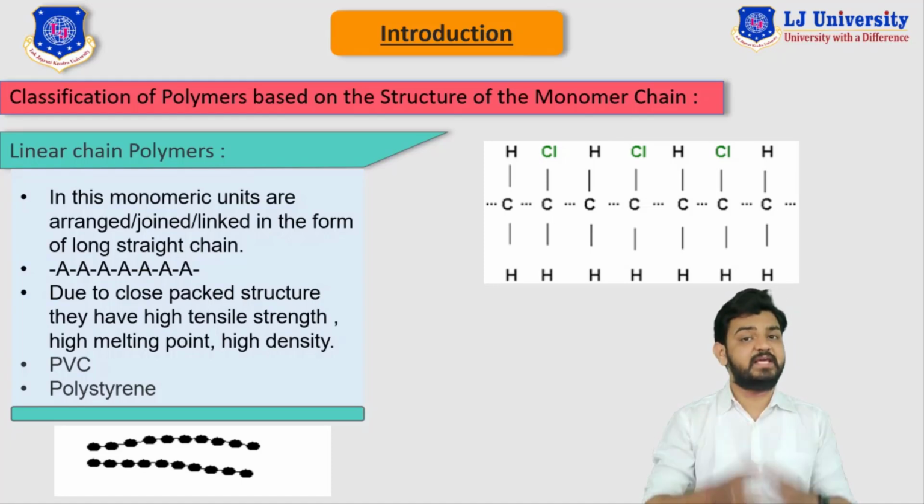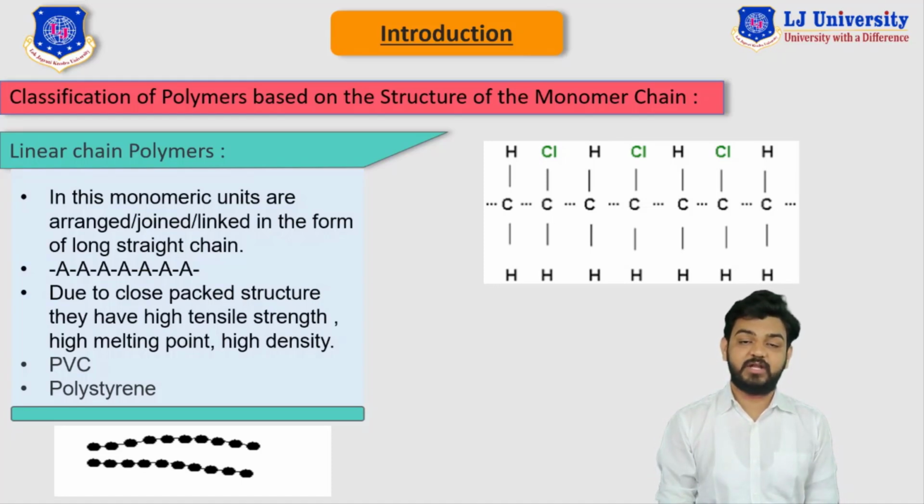Specifically, in the source of availability, we have seen natural polymer, synthetic polymer and semi-synthetic polymer. In the classification based on the long chain of the monomer, we have seen the linear polymer.